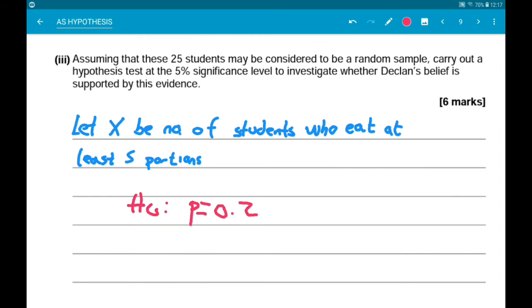Now, Declan believes more than that eat at least 5 portions every day. So our alternative hypothesis is going to be p is greater than 0.2.